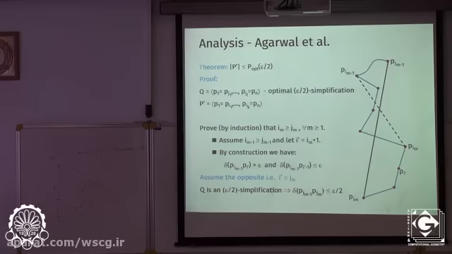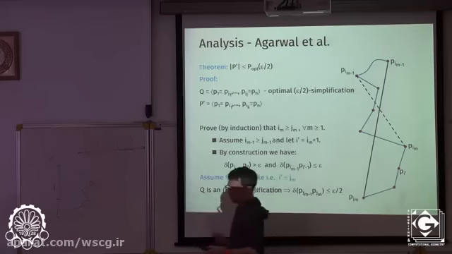But from here to here I know the distance is at most epsilon half. From here to here I know the distance is larger than epsilon, but that contradicts the previous lemma that this is at most 2 times the distance up to here.